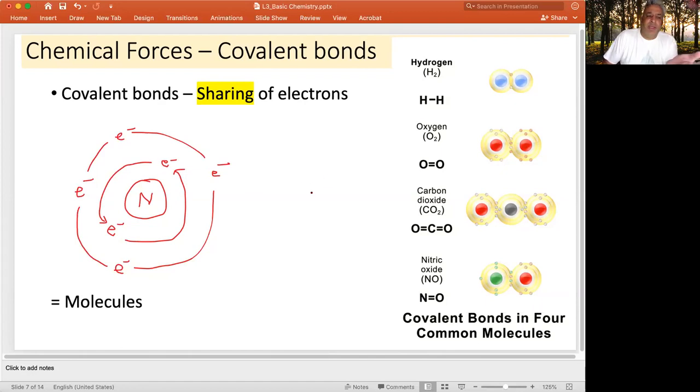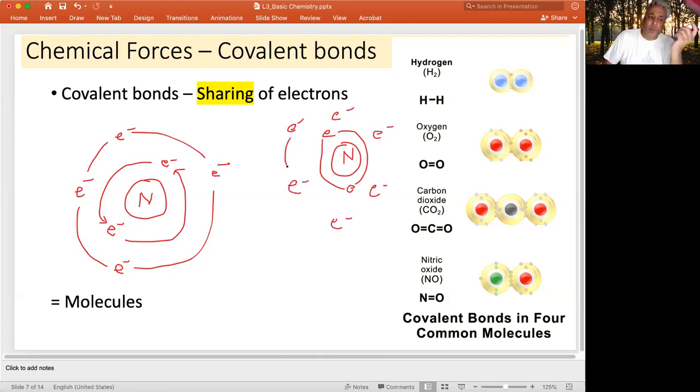And suppose over here somewhere we have an oxygen atom. The oxygen atom also has 2 electrons in its inner shell, but now it has 6 electrons in its outer shell, right? Let's put them down. 2, 3, 4, 5, 6. And it also wants to have 8 to become stable. So oxygen is also on the hunt, looking for a partnership.